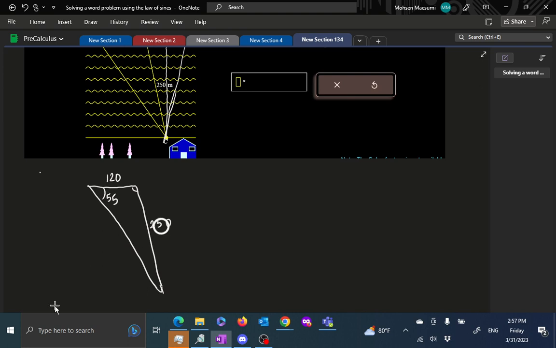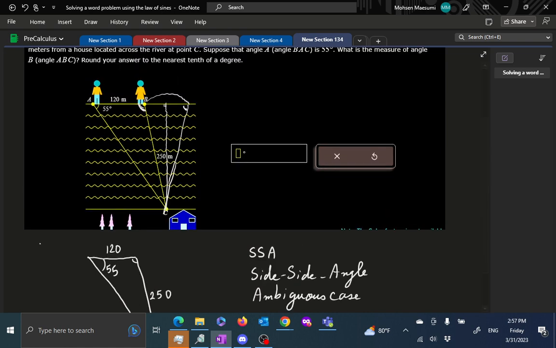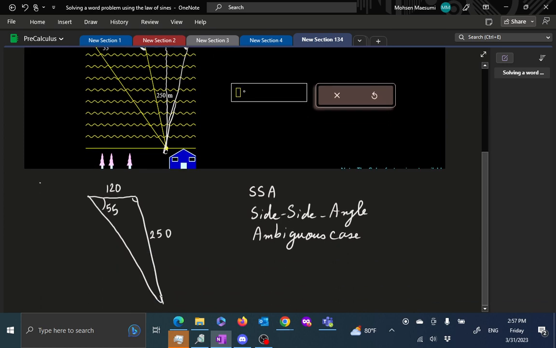So as we said, this is side-side angle. It's also called the ambiguous case because of exactly the issue we raised here, like are you on this side or on that side? There are two, if there are solutions, typically there are two of them.